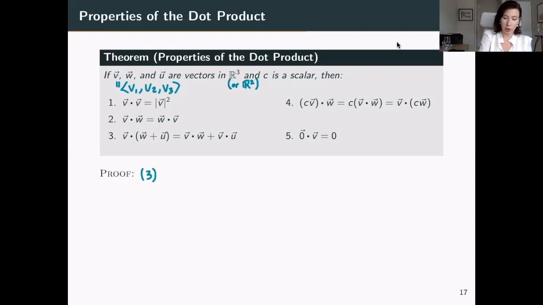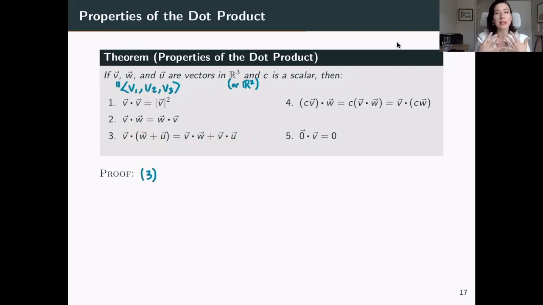We want to show that v dot w plus u is equivalent to v dot w plus v dot u. That is, that the dot product distributes into this sum. Remember, the dot product is not standard multiplication in the way that we've seen before.